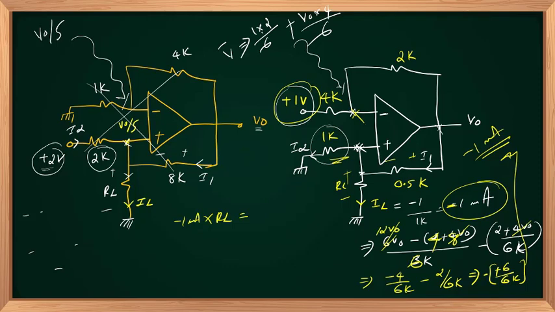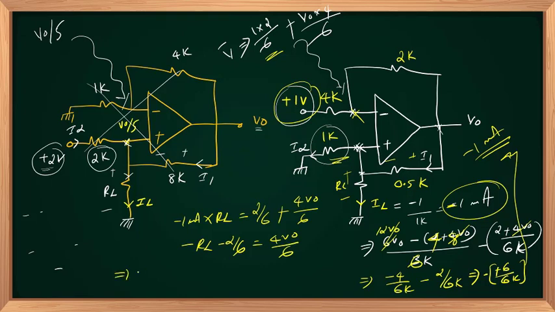V minus is nothing but 2 by 6 plus 4 V out by 6. If RL is in kilo ohms, minus RL minus 2 by 6 will give you 4 V out by 6.